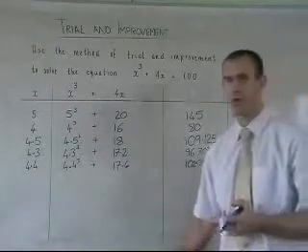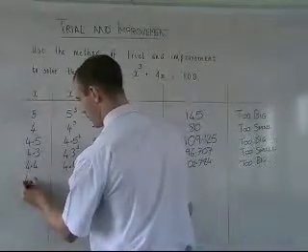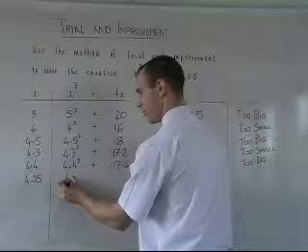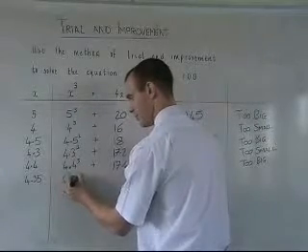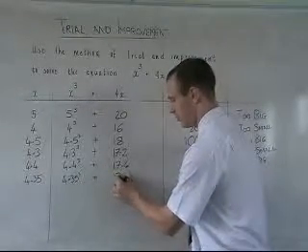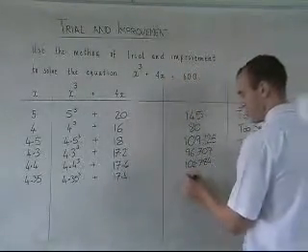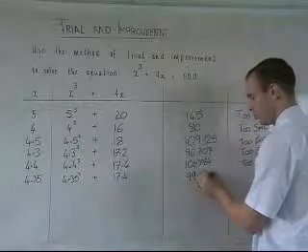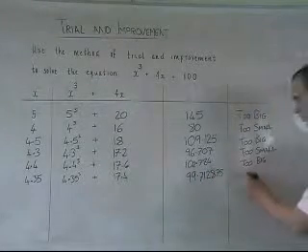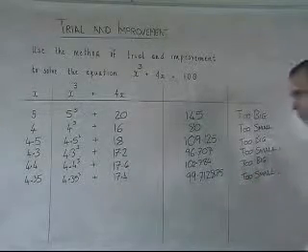so we'll try in between, which is 4.35. So we do 4.35 cubed, add on 4 times 4.35, which is 17.4, and that gives us 99.712875, which is a little bit too small, but we only want our answer to one decimal place.